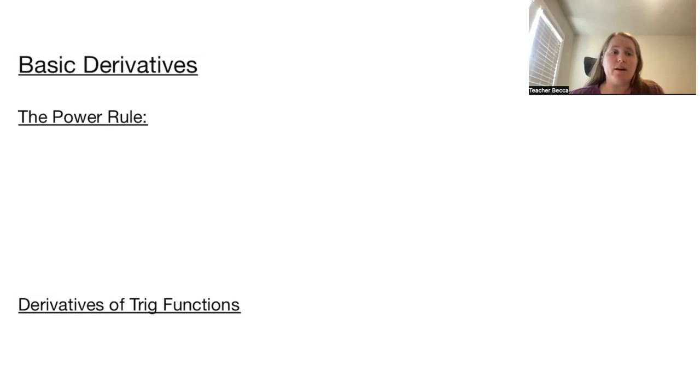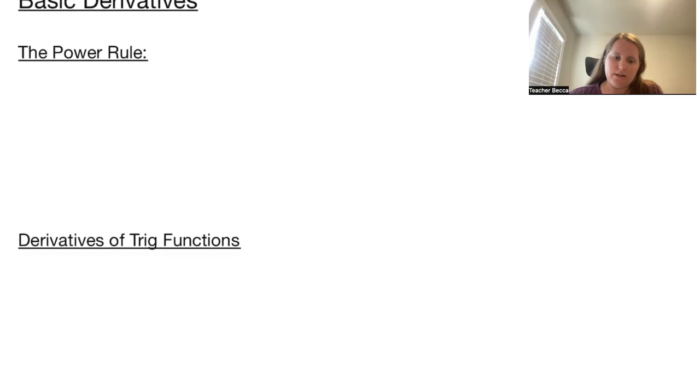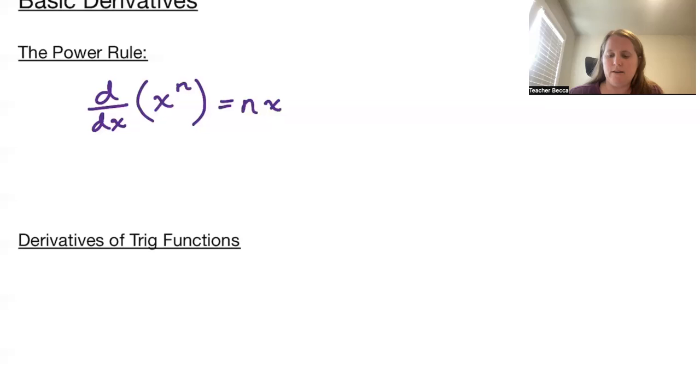So first off, we have our power rule, and the power rule says that if we wish to take the derivative of a function x to the n, we wind up getting n times x to the n minus 1.